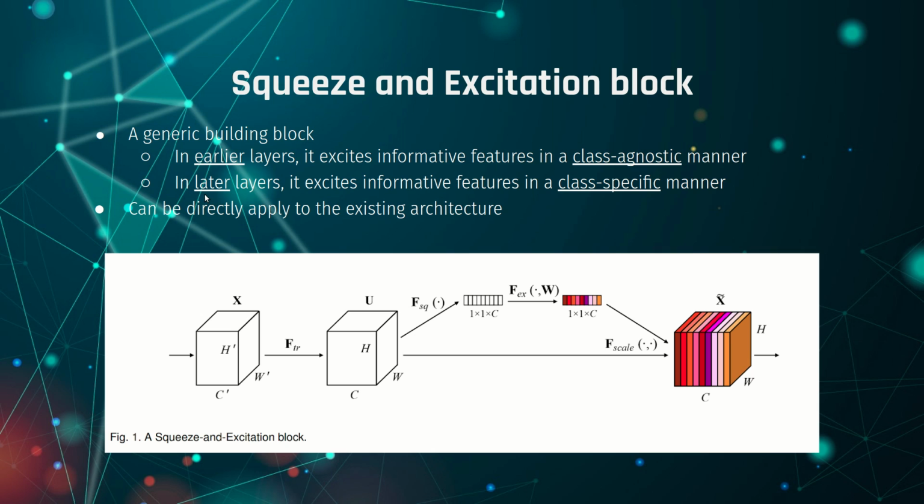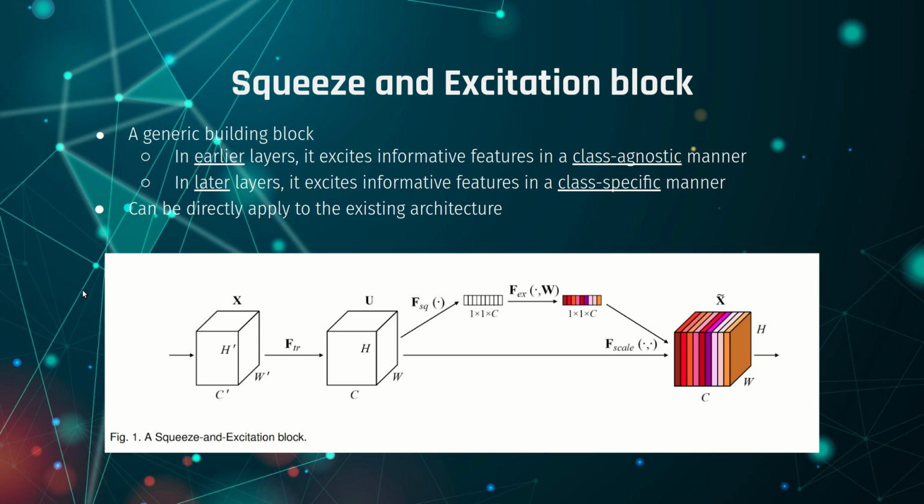And in the later layers, it can excite the class-specific information, because we know the later convolution layers have more semantic information and contain richer information specific to the class. So you can apply the SE block across your network, depending on your personal choice and your trade-off of the computation as well.